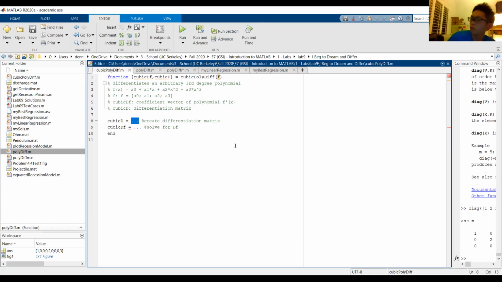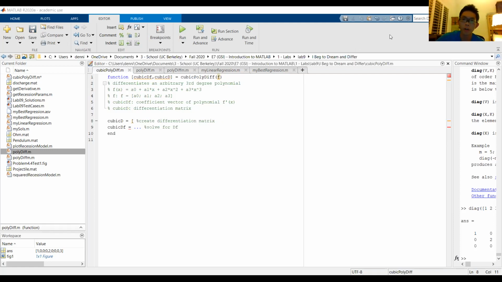Let's see this. How are we going to create our differentiation matrix? Does someone remember how we do that? I guess it's kind of hard to say. Okay, well let's break it down. We have a few parts to it.